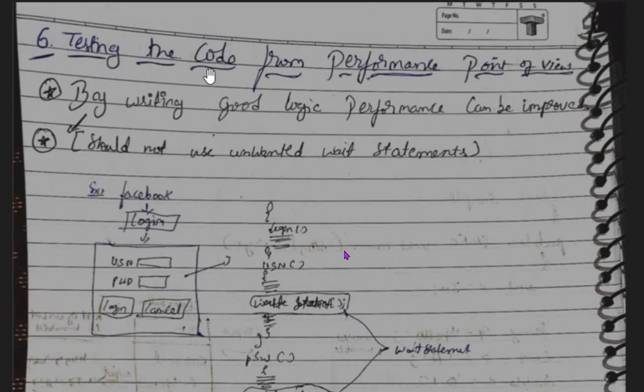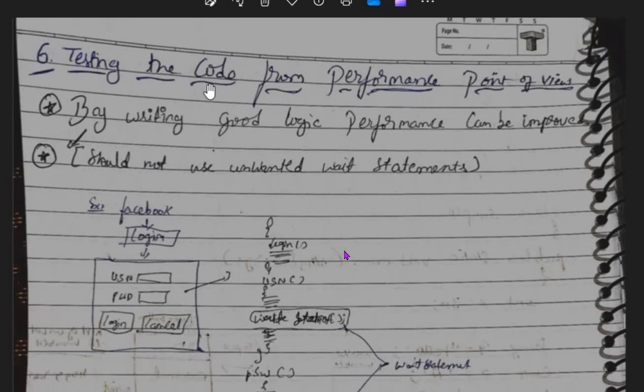Simple. By writing a good program, memory can be improved, right? In the same way, by writing good logic, performance can be improved. If the logic is good, then the performance will work fine. If the logic is good, WhatsApp will work fine. If the logic is good, Facebook will work fine.